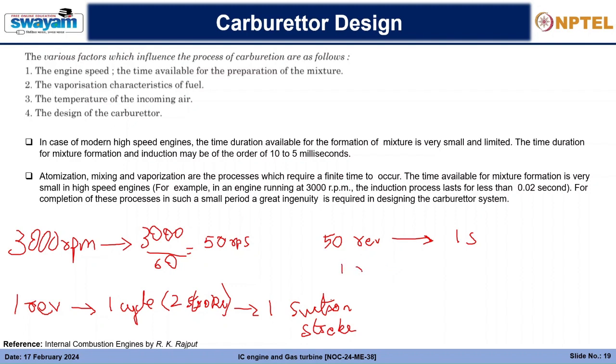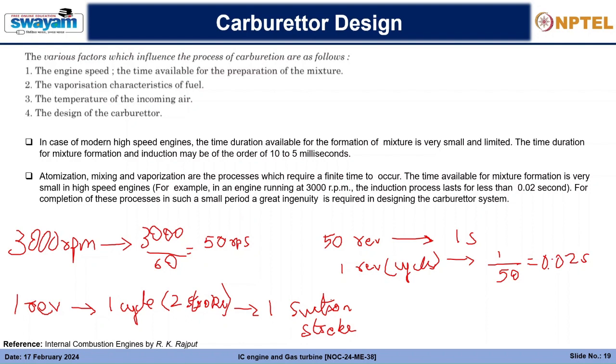Then one revolution, which is again one cycle, takes 1 by 50 seconds. And what is 1 by 50? 0.02 seconds. Now you must be understanding. In each revolution, each cycle completes within 0.02 seconds.